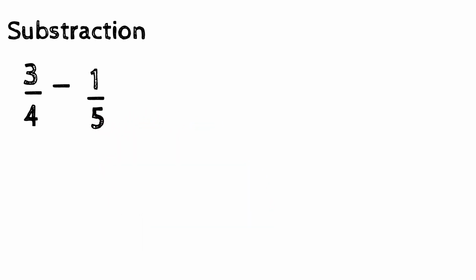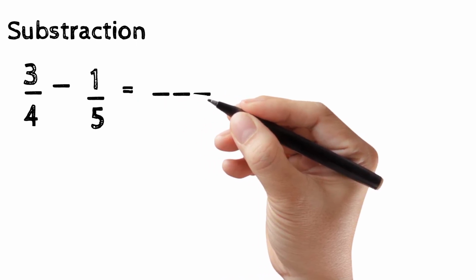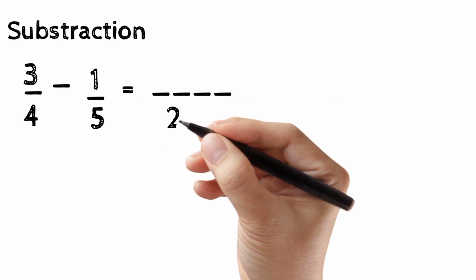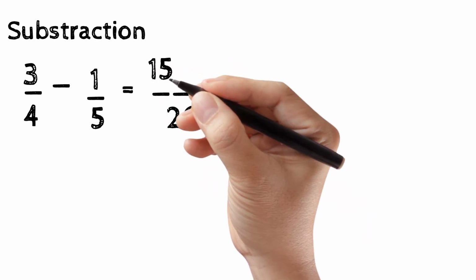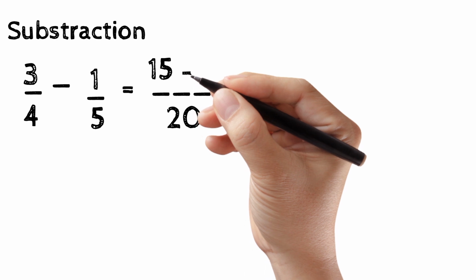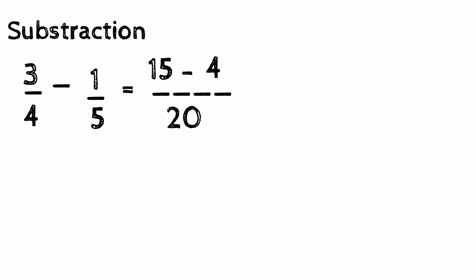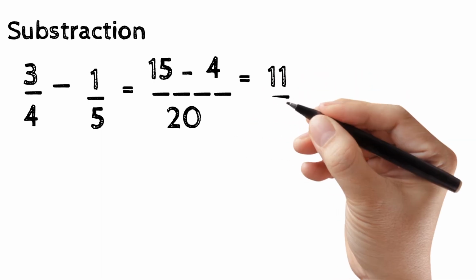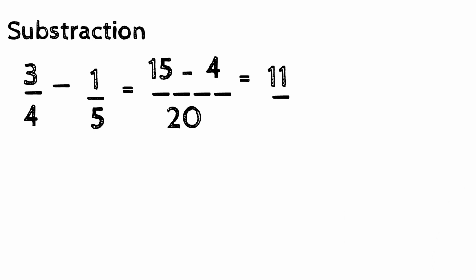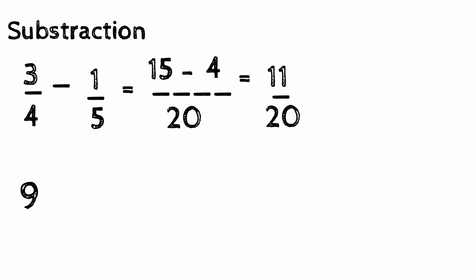Now the same way, put the equal sign, draw the line to separate numerator and denominator, then the LCM of 4 and 5 is 20. The first fraction, 3 over 4 times 20 is equal to 15, and then minus the other fraction is 1 over 5 times 20. This is 4. So the answer is 11 over 20.